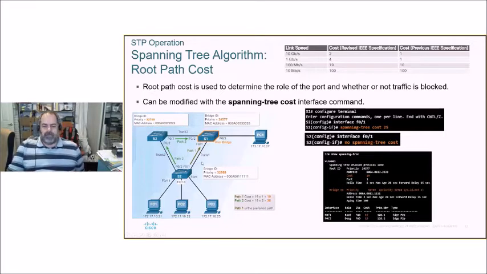And so if you don't manipulate the cost, it's just based on the bandwidth of the port. And so of course, the higher the bandwidth, the lower the cost, and so the more desirable it is as well. And so, as I said, you can change it to manipulate, again, the way the spanning tree will come out.